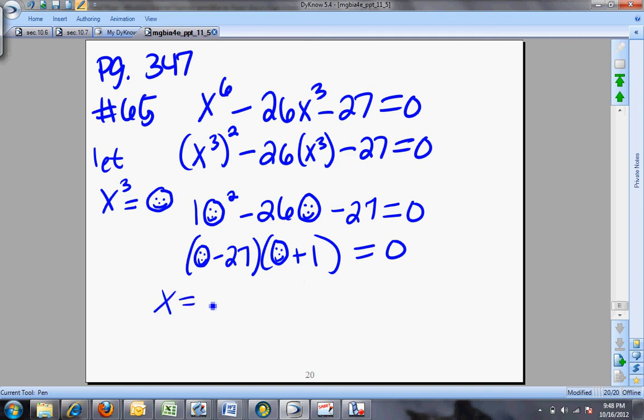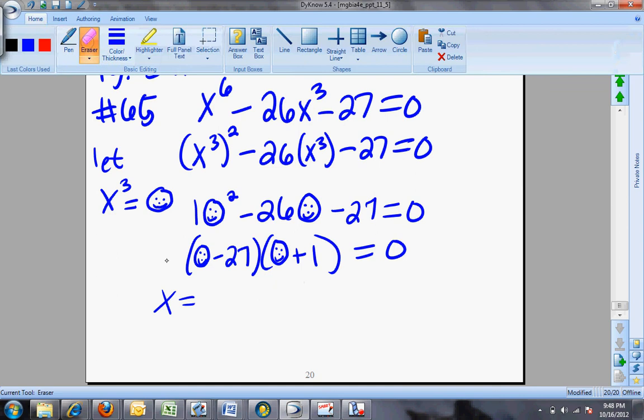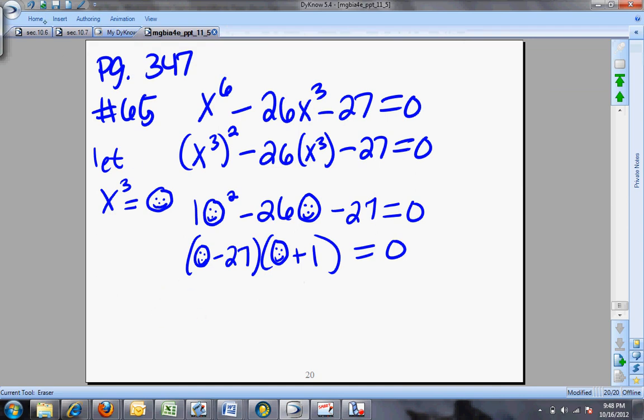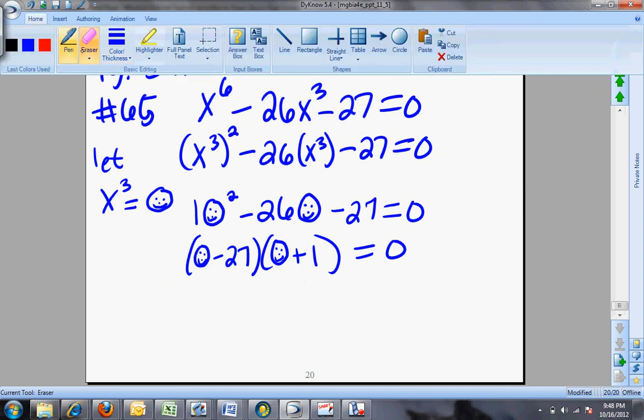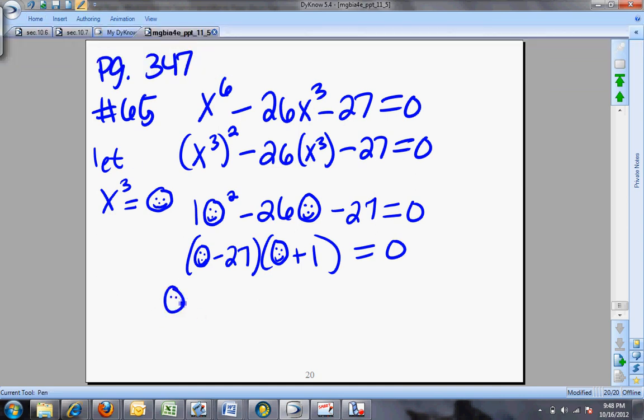So my answers would be x is equal to, not x, how did I get x? It's happy face. So happy face is equal to 27, or happy face is equal to negative 1.